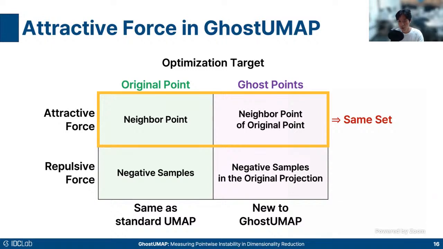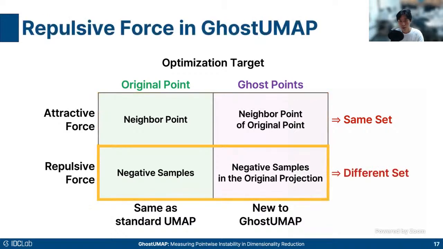Also, for the ghost points, the attractive force is calculated using the same set in the original projection that was applied to the original point. For the repulsive force, the original point calculates it based on negative samples. However, for ghost points, unlike the attractive force, the repulsive force is computed using a different set of negative samples, which are drawn from the original projection.